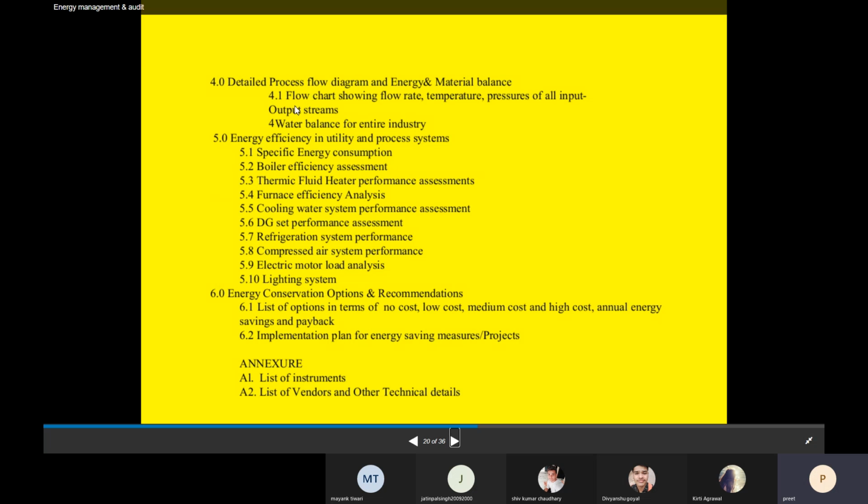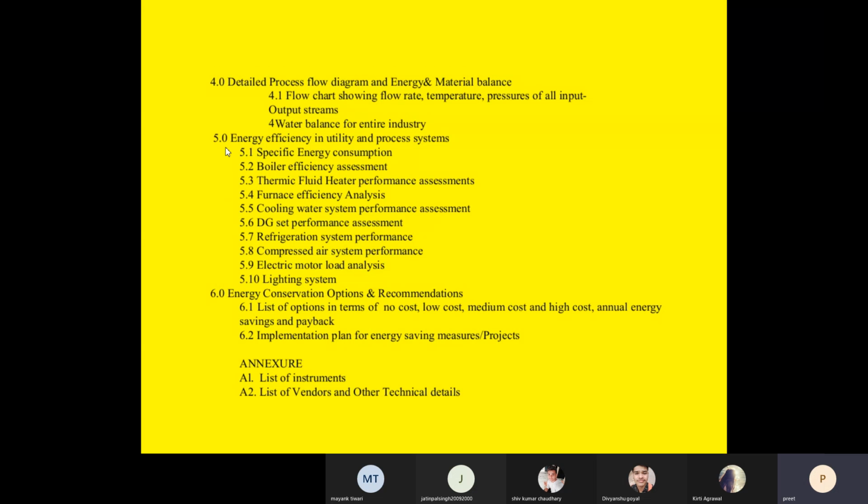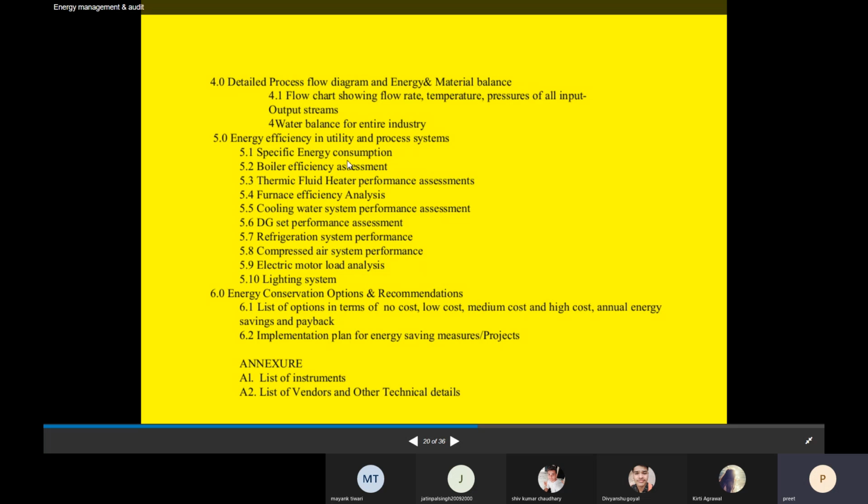Under that you need to give the flow chart showing flow rate, temperature, pressure, all inputs, and water balance for the entire industry. You need to give a brief of energy efficiency in utility and process systems, under which you need to cover your boiler efficiency or furnace efficiency, whatever components are there in the utility.